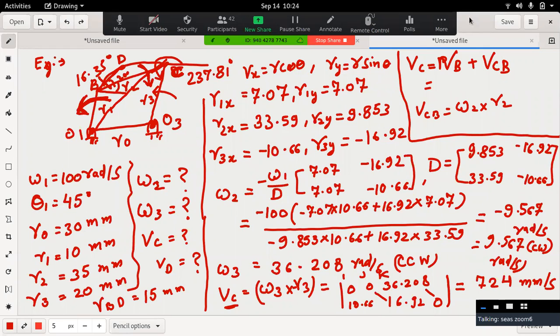Now if we want to determine the velocity of any arbitrary point, point D, we can determine it in the same manner.